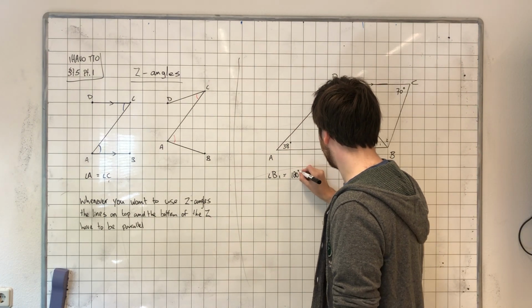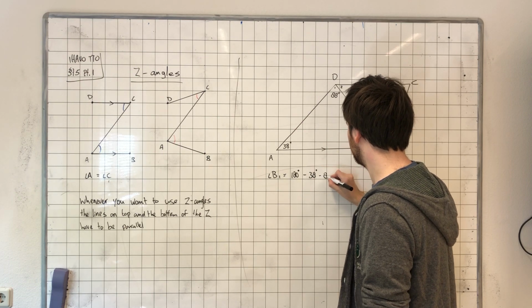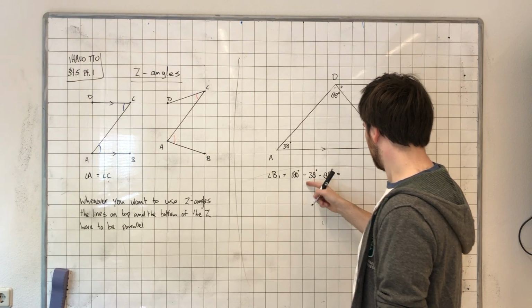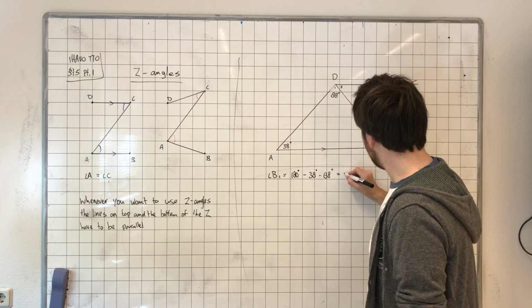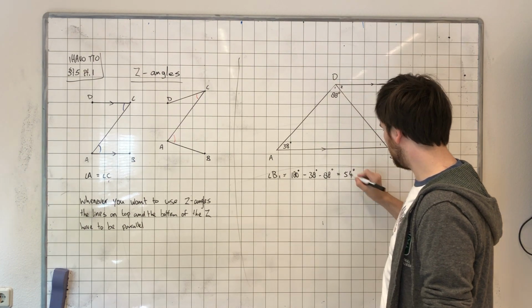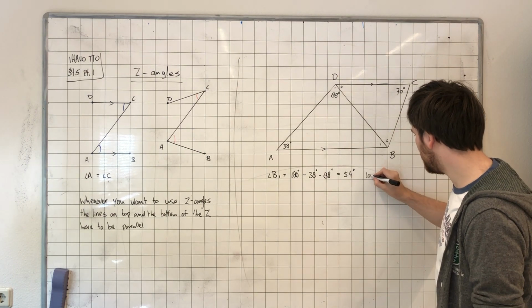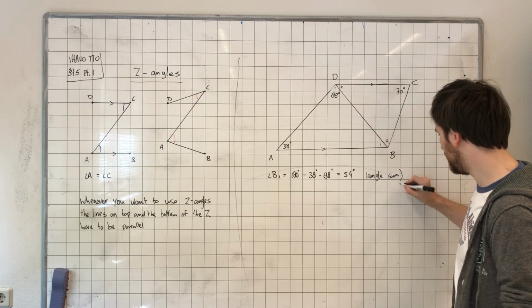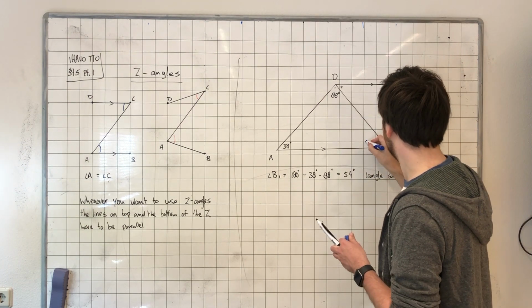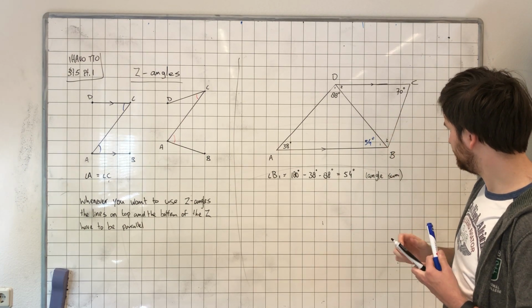So 180 minus these two angles is equal to 54 degrees, and I'm using the angle sum. Remember to write these things down. Angle sum. Okay.